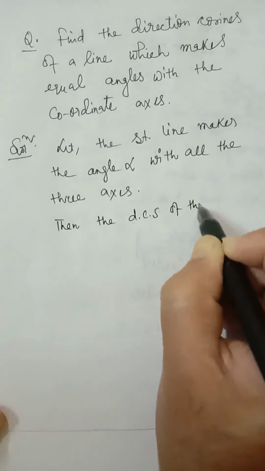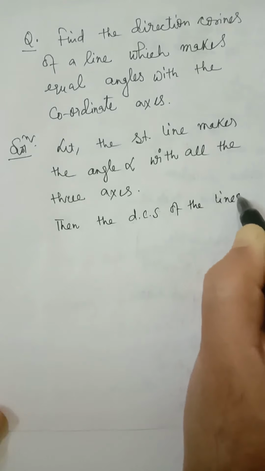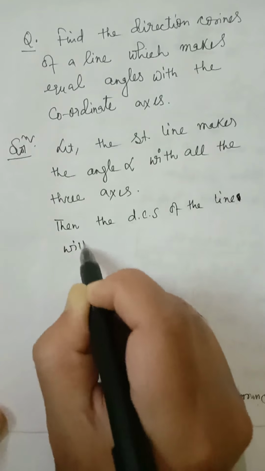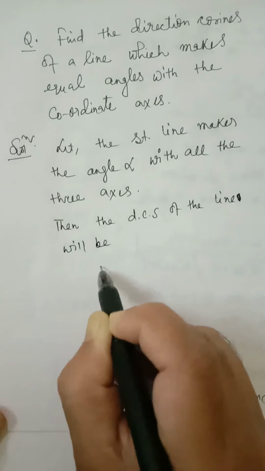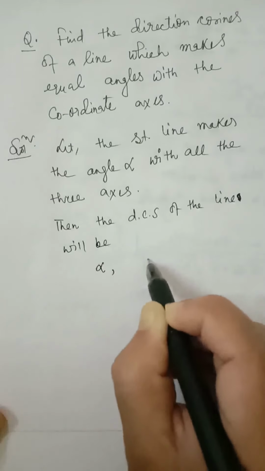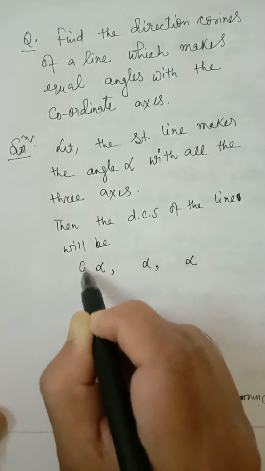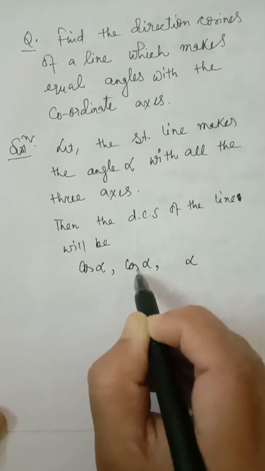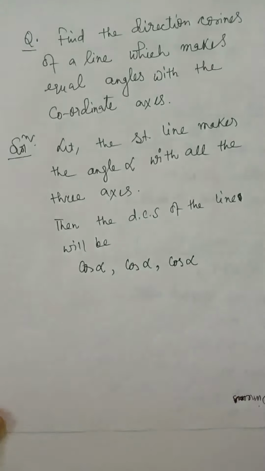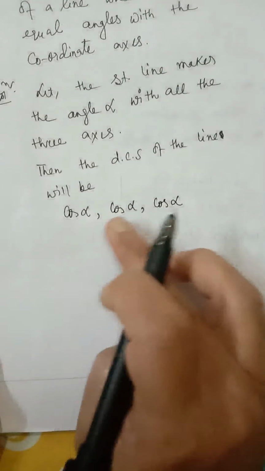Then the direction cosines of the line will be cos alpha, cos alpha and cos alpha, as the straight line makes the same angle with x-axis, y-axis and z-axis. And what is the relation between the three direction cosines?